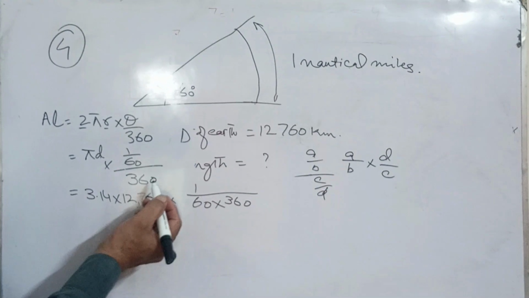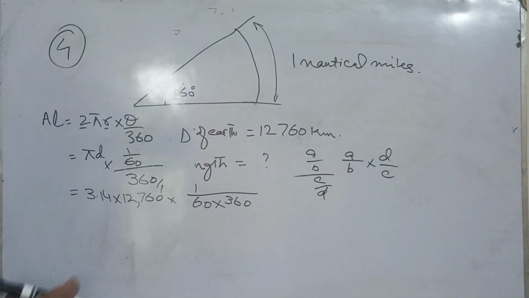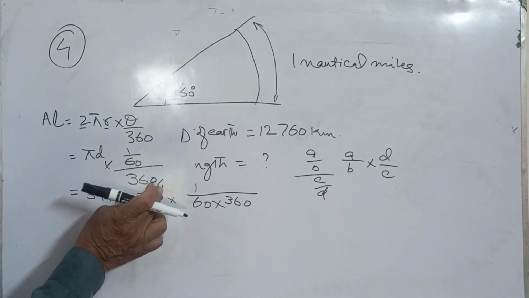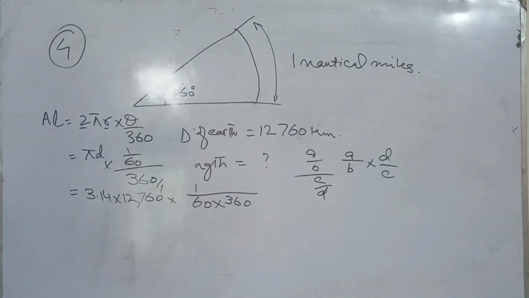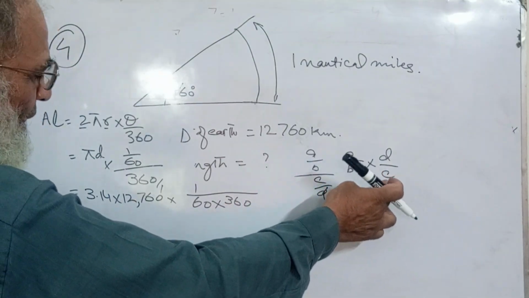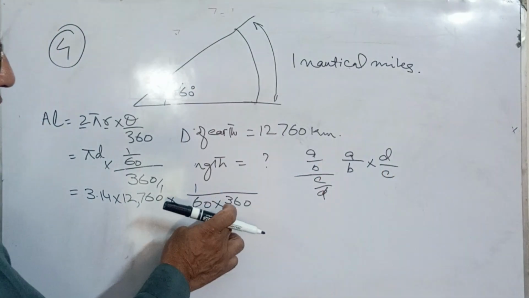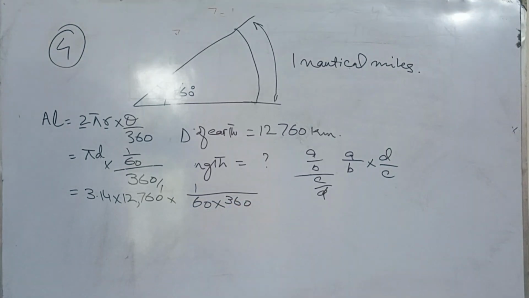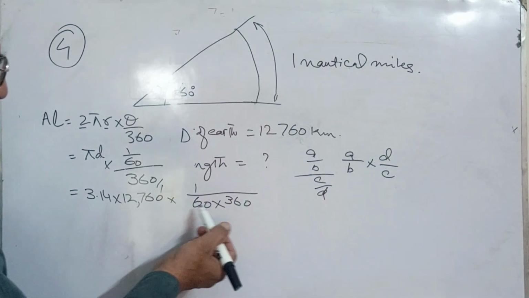Since the 360 has 1 in its denominator, we need not write the 1 over here.